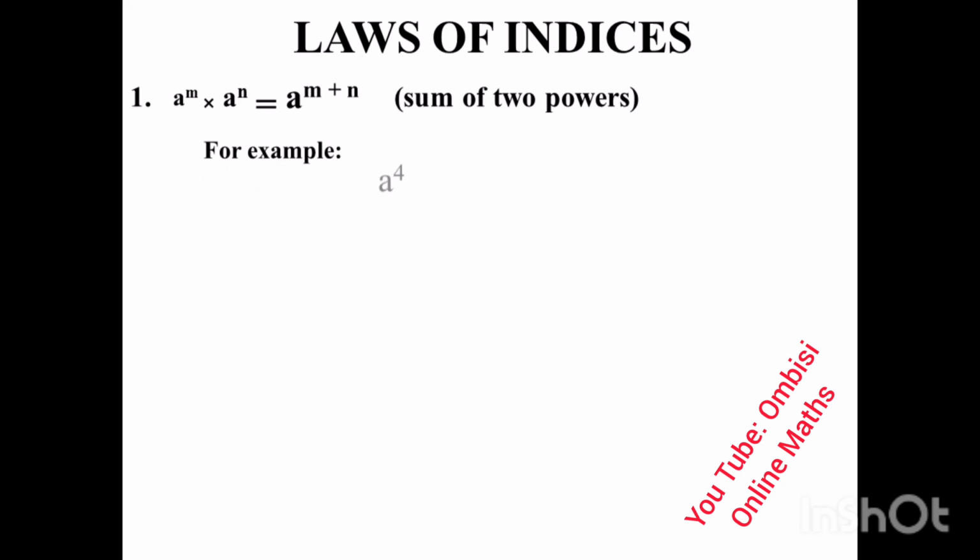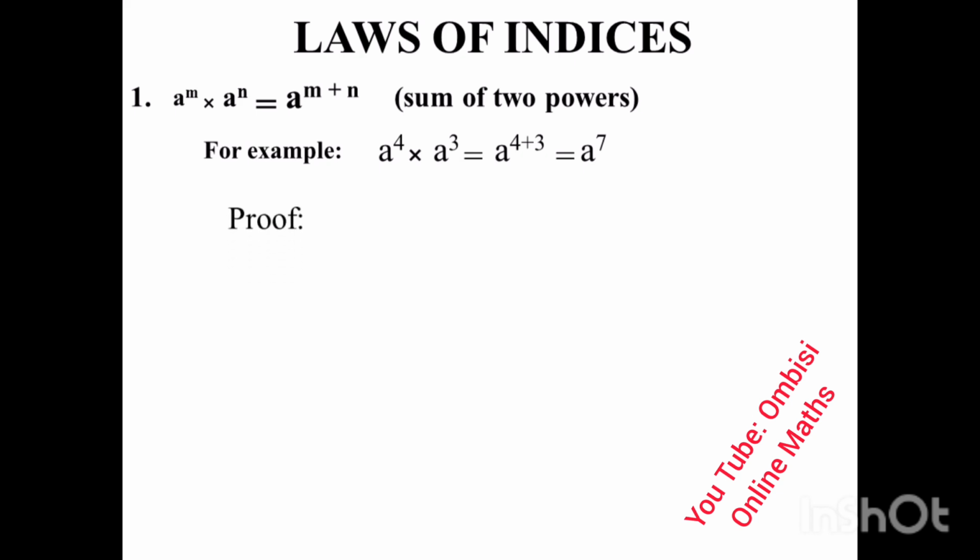For example, if you have a raised to the power of 4 multiplied by a raised to the power of 3, this translates to a raised to the power of 4 plus 3, which translates to a raised to the power of 7. So you can see we've added 4 plus 3 to get 7.